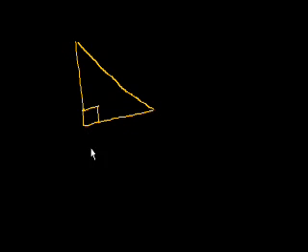But in this example, we know that this is a right triangle. If I were to tell you the length of this side is 5, and if I were to tell you that this angle is 45 degrees, can we figure out the other two sides of this triangle?